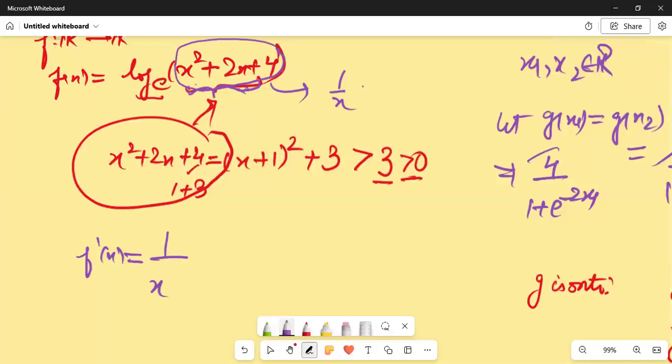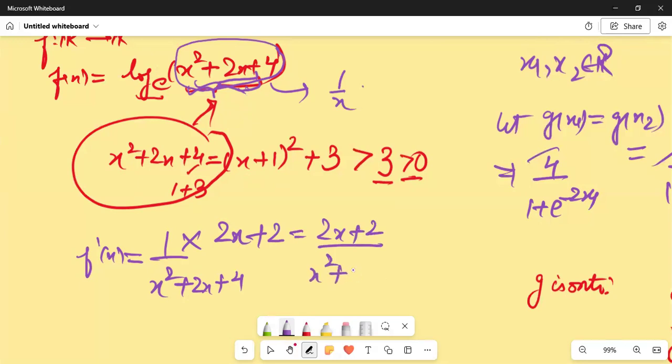So we have this, and now the derivative of the inside function, which is x square plus 2x plus 4. So this gives 2x plus 2, and this is the derivative of the function f.